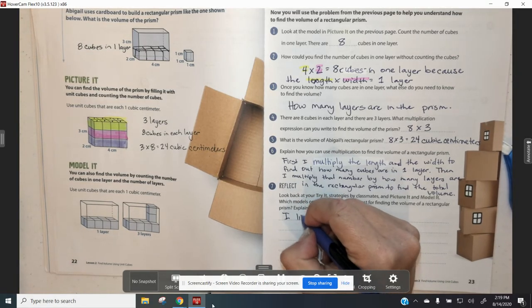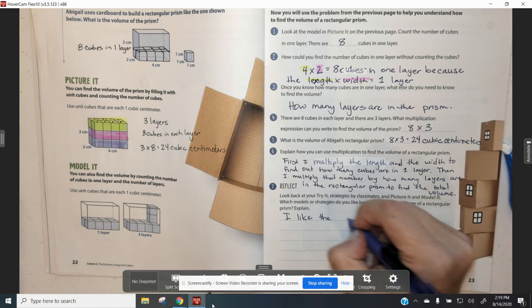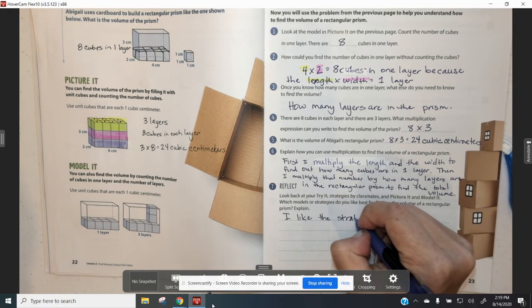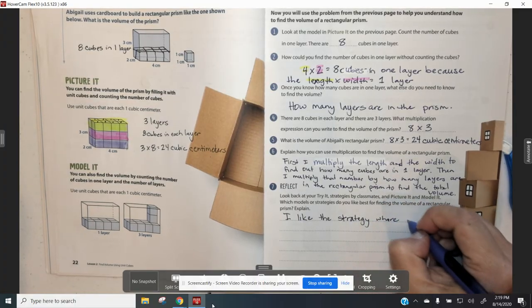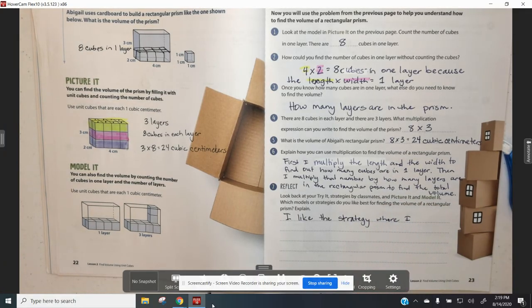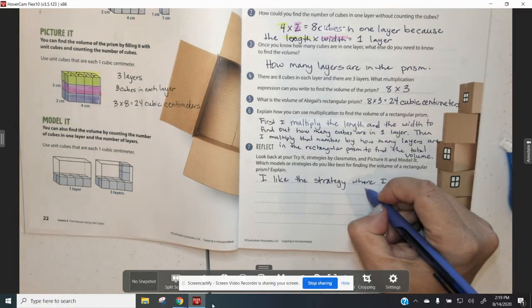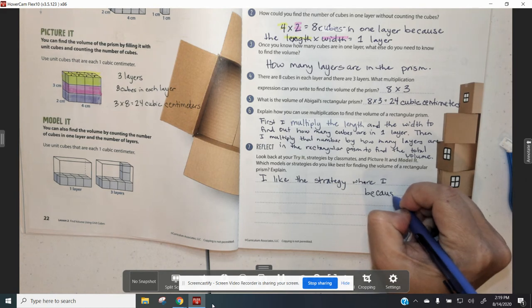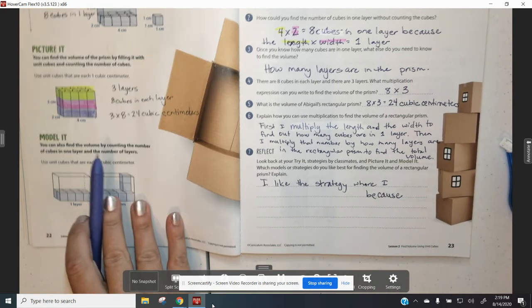I like the strategy where... and then I want you to finish that sentence and then say because, and then tell me why. So tell me, which strategy do you like?